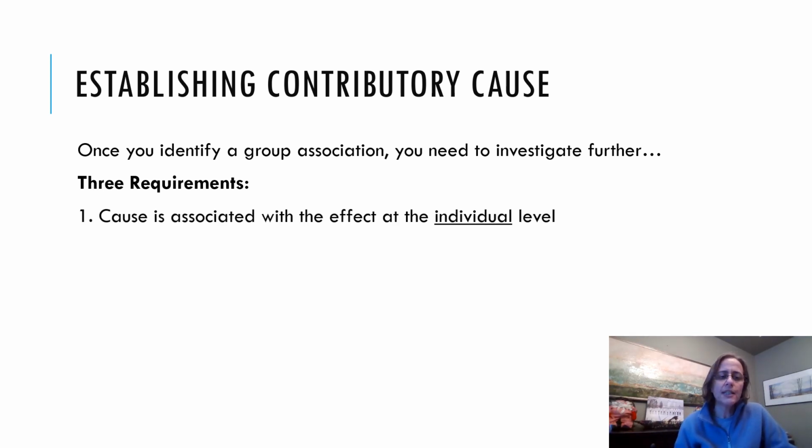The first is that cause is associated with the effect at the individual level. So while we may see at the population level that drownings and ice cream consumption go up at the same time, right? We might look at all the people who drown and find, oh, well, they didn't eat ice cream, right? So at the individual level, are they associated?